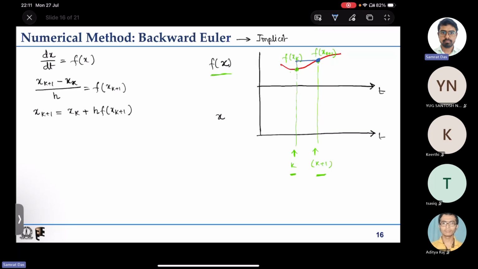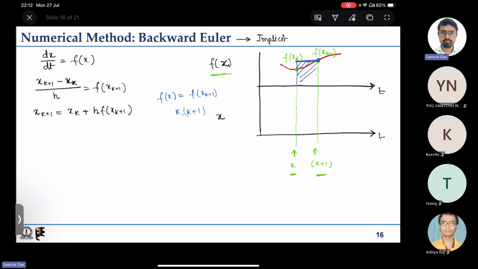So we will assume that f of x is equal to f of xk plus 1 in between k and k plus 1.